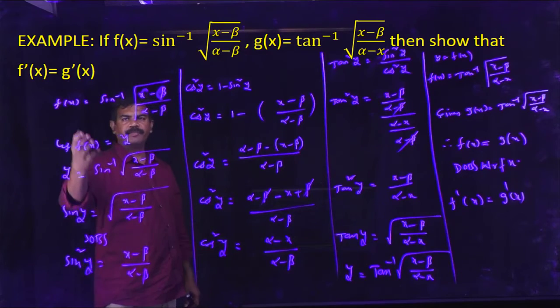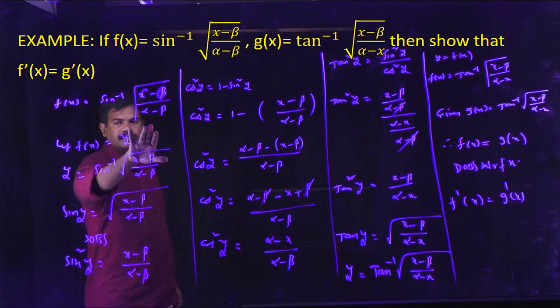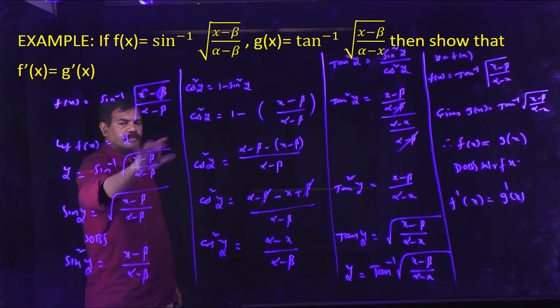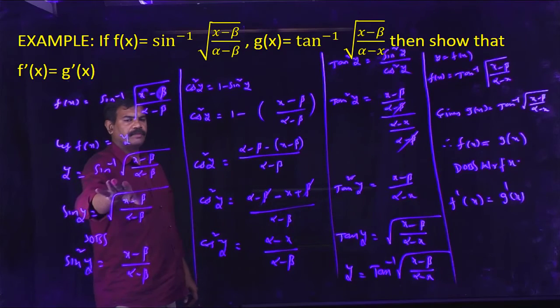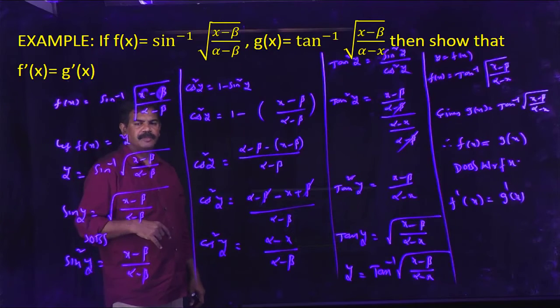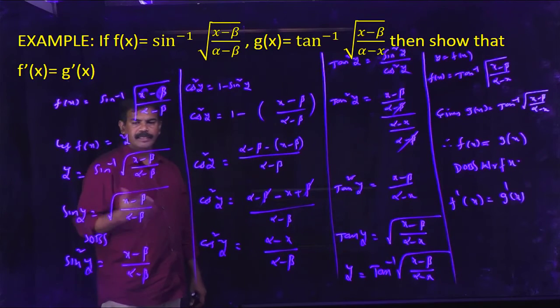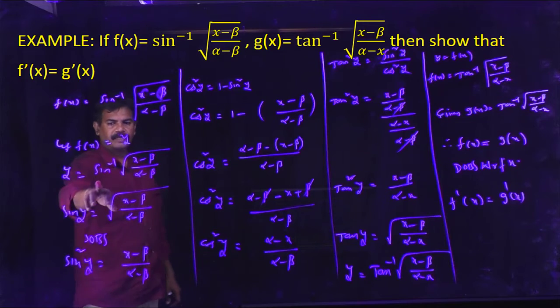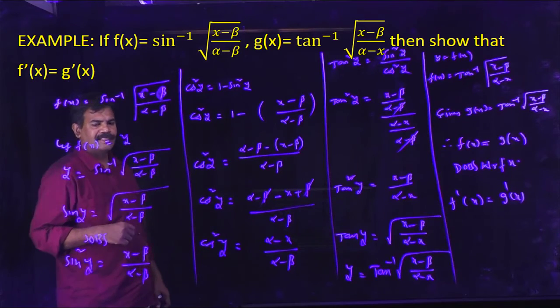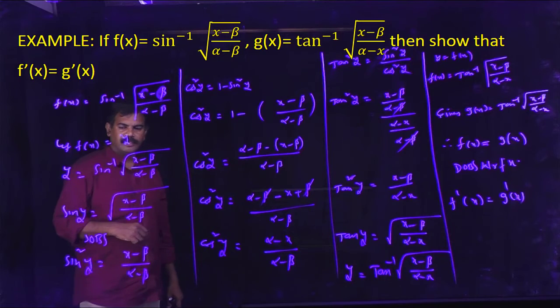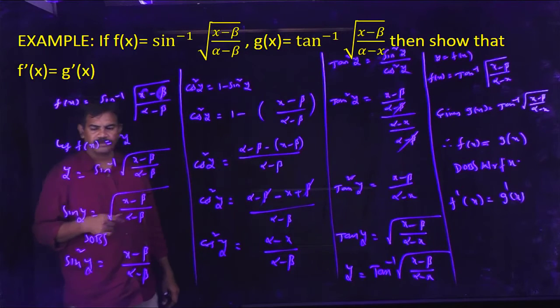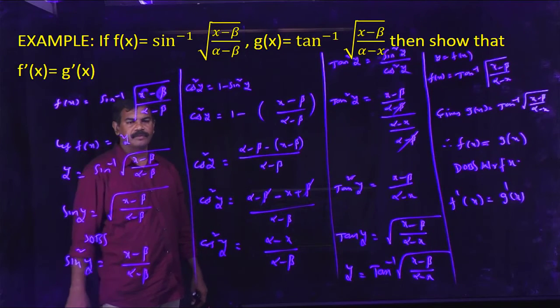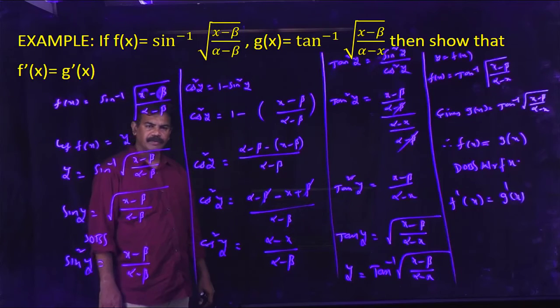Already we simplified the first f of x, that is f of x is equal to y, that is y is equal to sine inverse of root of x minus beta by alpha minus beta. It is a different problem compared to the remaining problems. So we get sine y is equal to root of x minus beta by alpha minus beta. Then squaring on both sides, we get sin square y is equal to x minus beta by alpha minus beta.